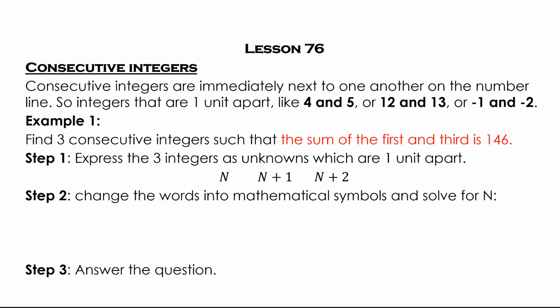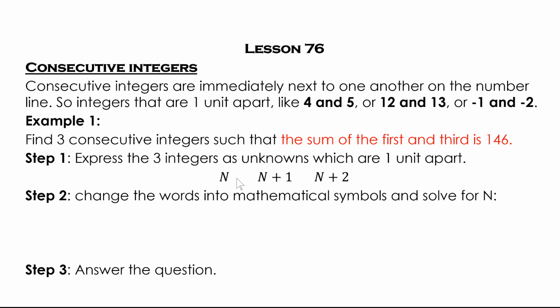All right, so when we're doing a problem where we have to find consecutive integers, like in this example, it says find 3 consecutive integers, the first thing we do is name those 3 integers using a letter. We might use x or n or whatever we want. Since there are 3 consecutive integers, we can call the first one n.